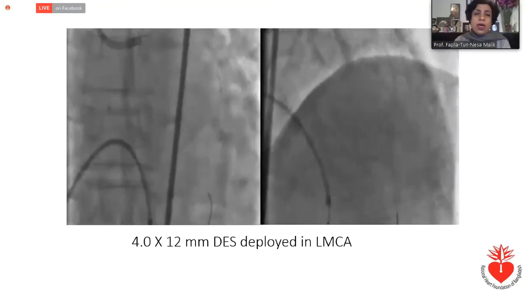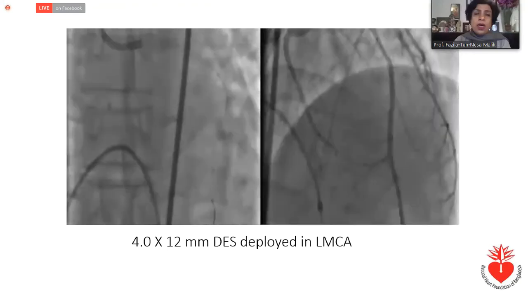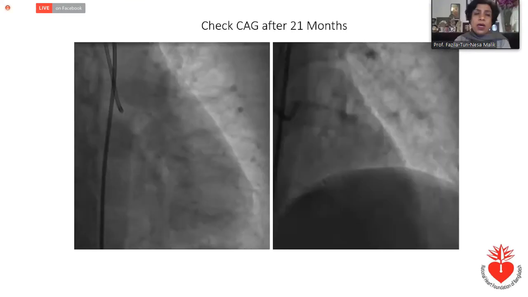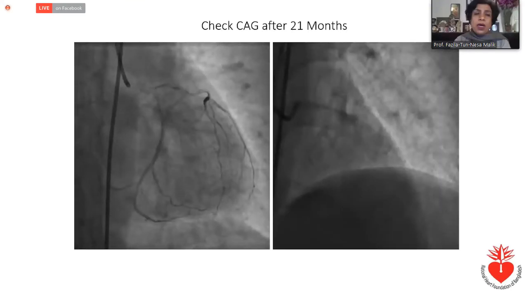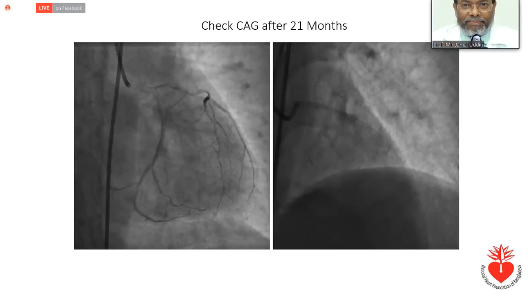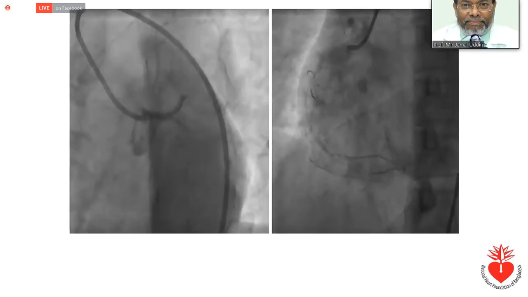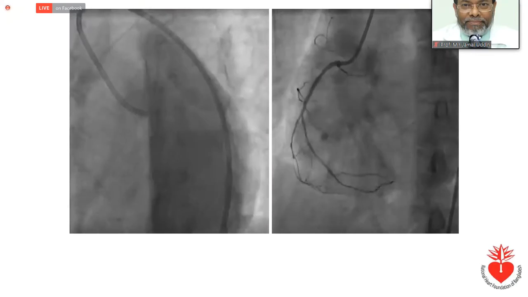So we managed to save this patient, and this is the check angiogram 21 months down the road.